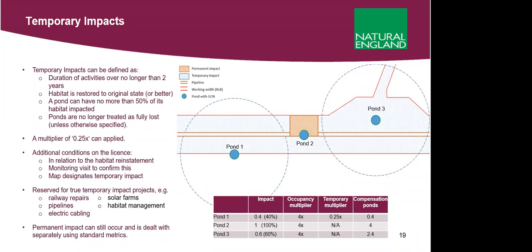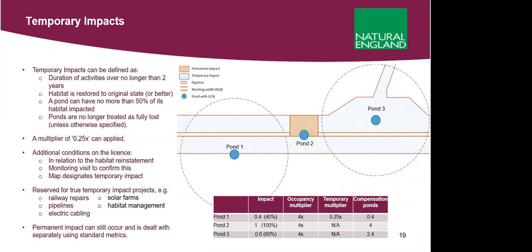So if those criteria are met, we can apply a 0.25 multiplier to the costs that we come out with, so effectively quartering them.